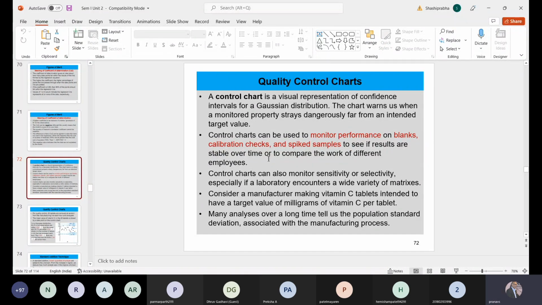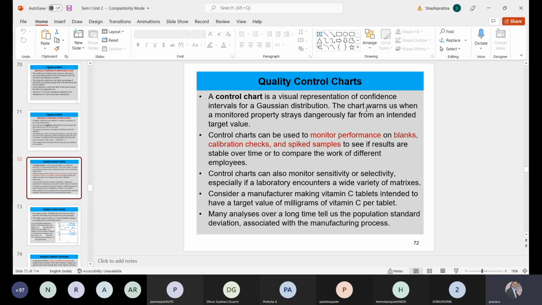This chart warns us when a monitored property strays dangerously far away from an intended target value. For every measurement, of course, you have your average values, or the mean values.